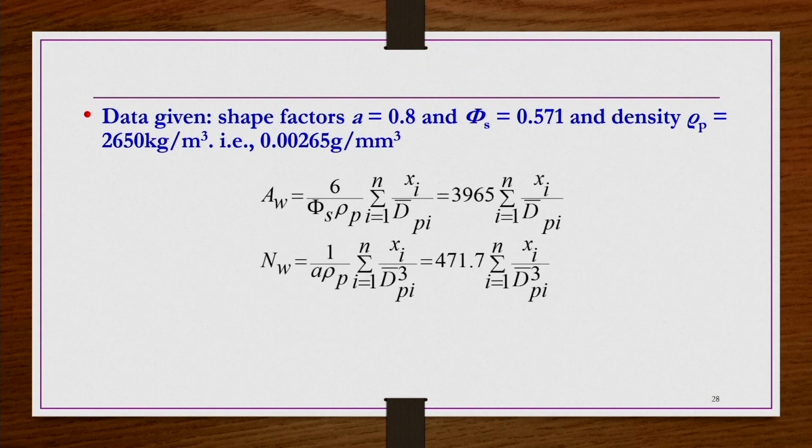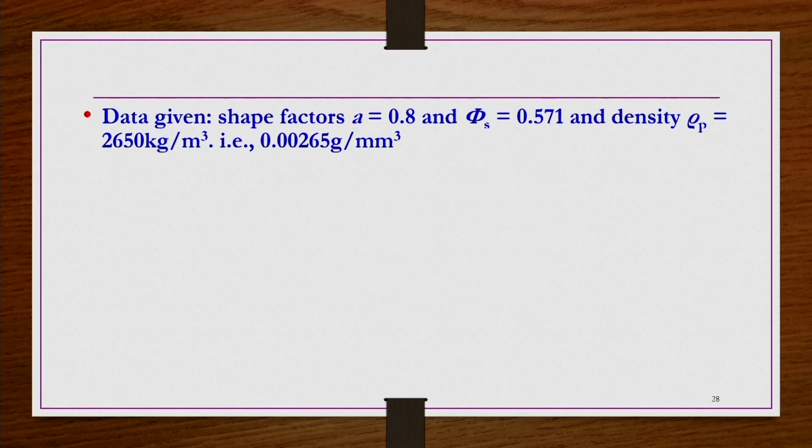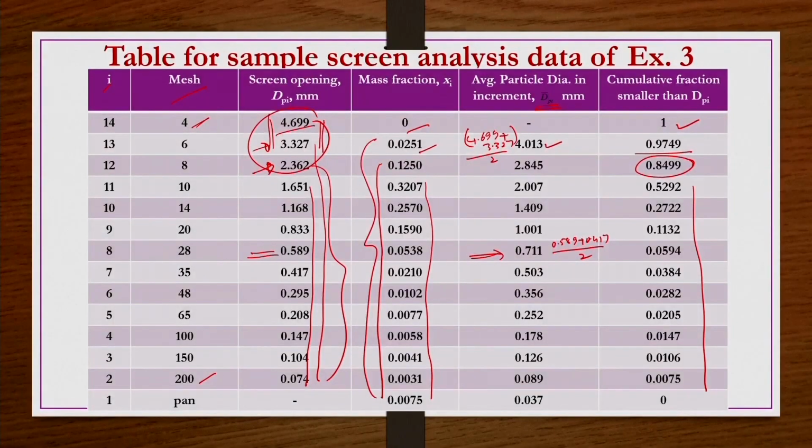The first part of the question is obtaining the AW. AW is 6 by pi s rho p sigma xi by dpi bar. So, in this table, for each row you need another column, xi by dpi bar, with the corresponding xi and dpi bar.